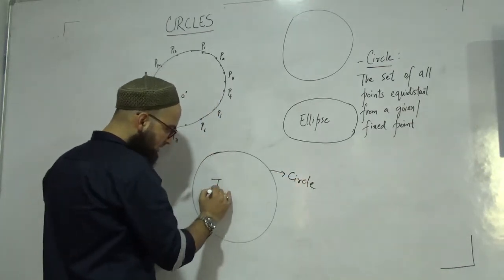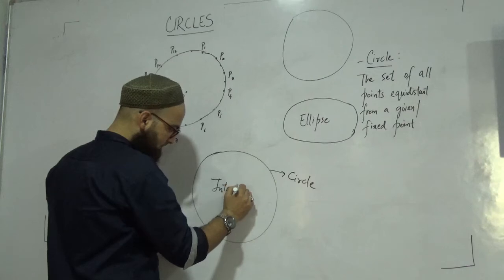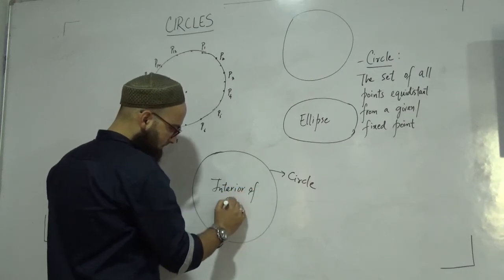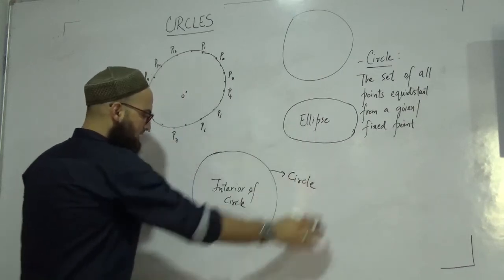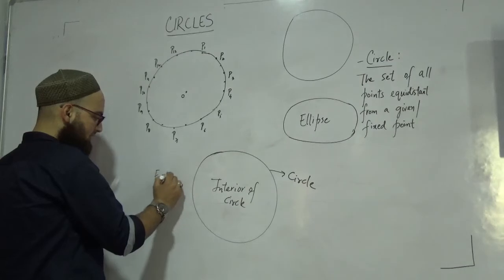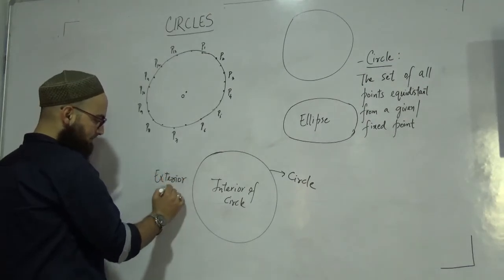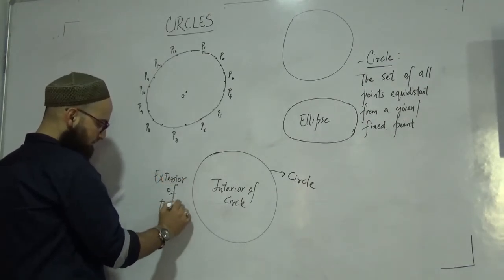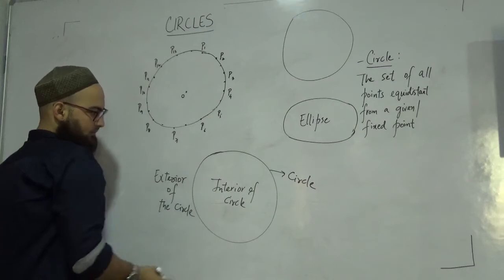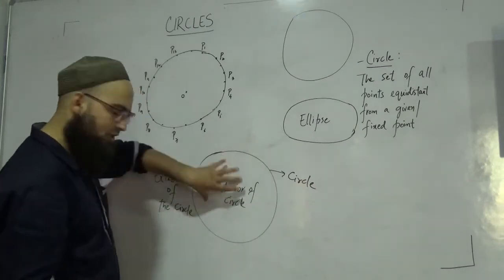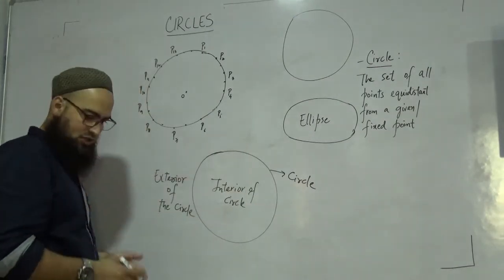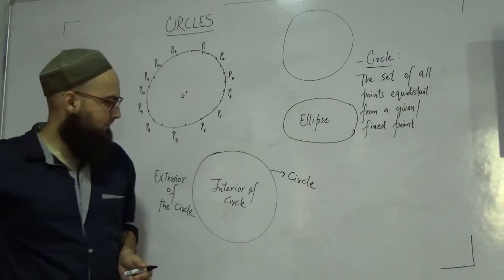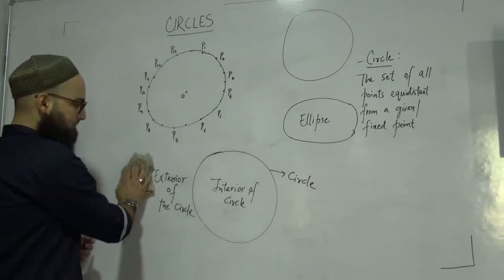This is called the interior of the circle. And this part is called the exterior of the circle. Simple. Circle, interior of the circle, and exterior of the circle.